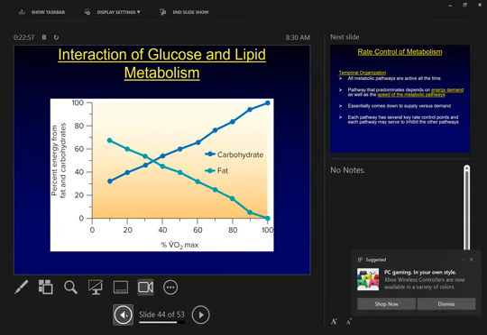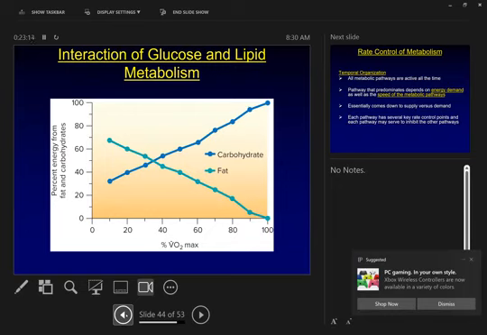On this axis we have percentage of VO2 max. So we've basically got rest, walking fast, jogging, brisk jogging, jogging very fast, running really close to all out.